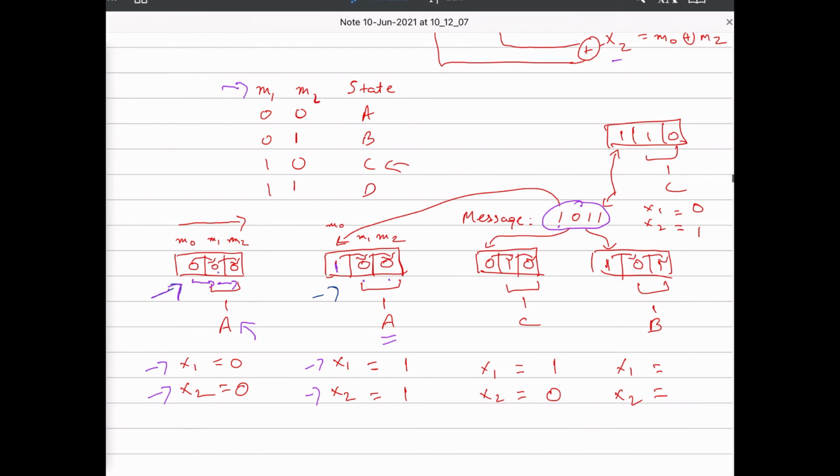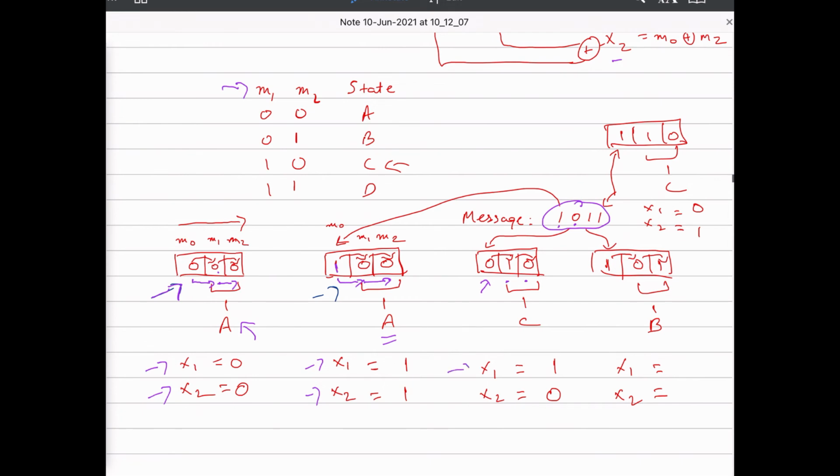Now let us look at the next bit of the message stream, 0. This 0 comes in here, and again shifting takes place because it's a shift register. So the 1 here goes here and this 0 goes here. You can see you have 1 in the middle bit and 0 in the last space.